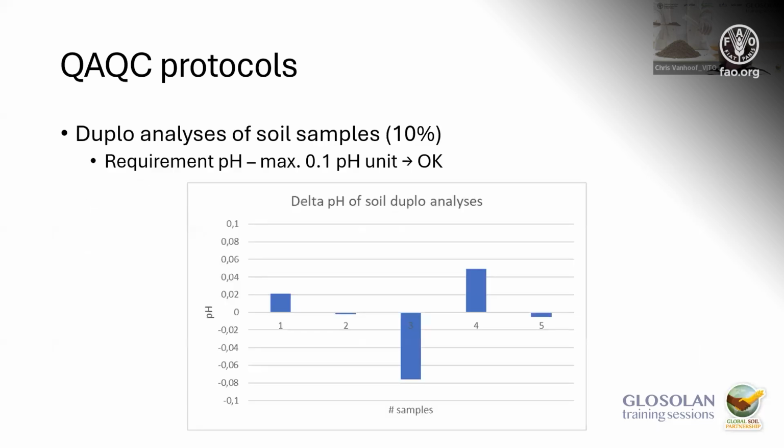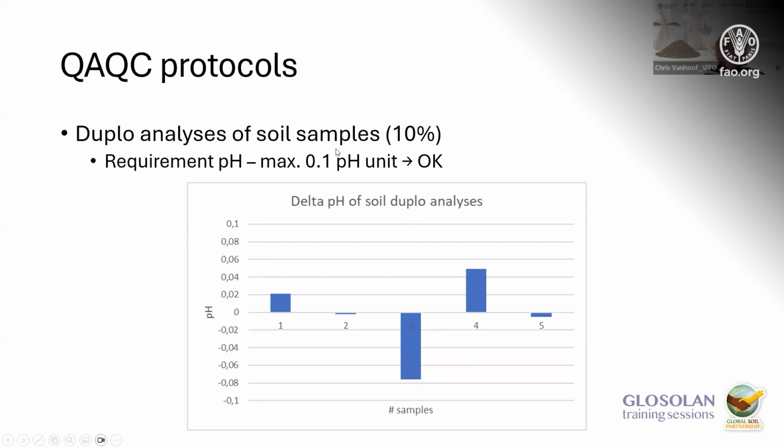We also did some analysis on Ukrainian soil, and also for that we did some duplo analysis. These are the duplo results of the soil samples. There are 5 results that we obtained. Most of the time the absolute difference is 0.05, and this one is 0.075 or something.